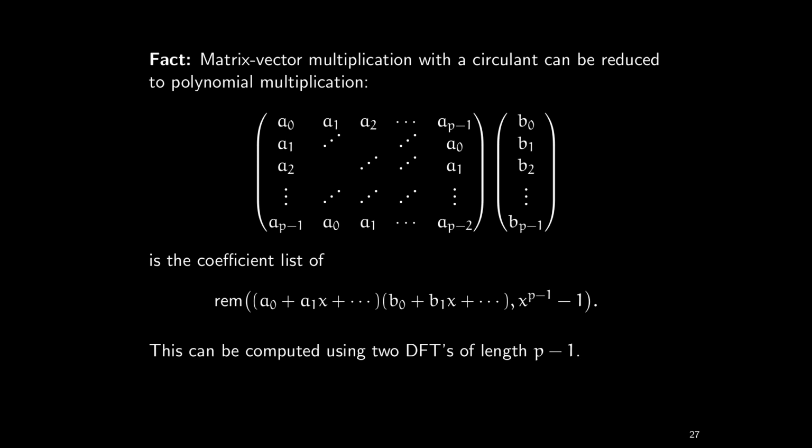And we know how to handle non-primes, because p minus 1 would at least contain the factor 2, so I can at least once apply the Cooley-Tukey decomposition, and then I get down to something approximately half the size, and this is enough to obtain a complexity that is n log n, even though here I'm not really reducing it to a fraction of the size, but only to the size minus 1.